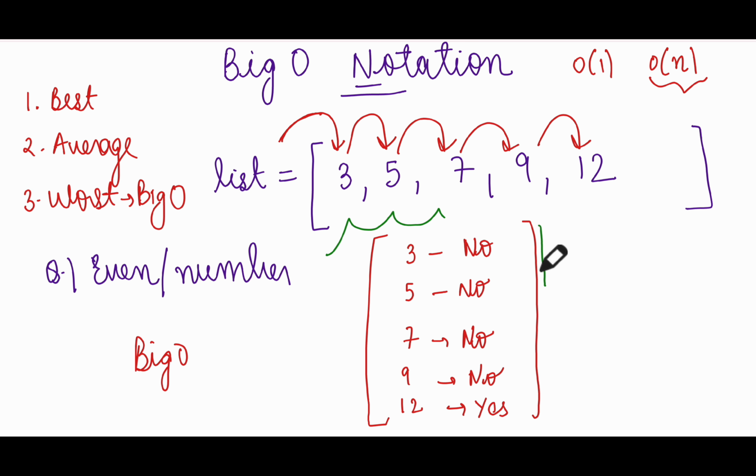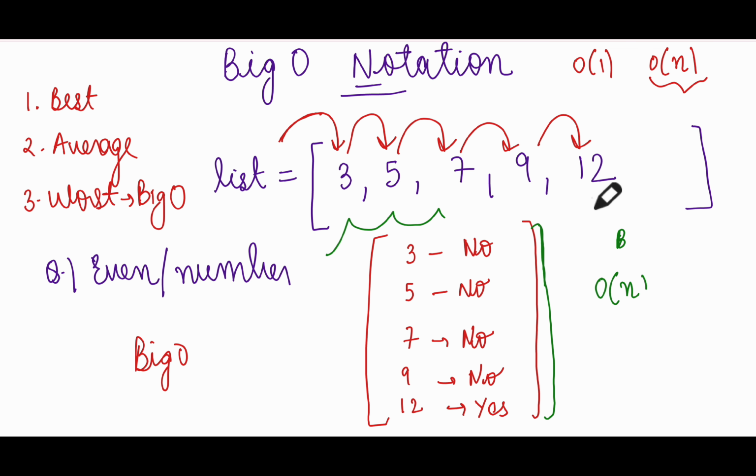Because if you have not completed the list, if you have not evaluated all the numbers, you cannot for sure say that the list contains an even number or not. And this is what depicts big O, or time complexity. And this, for example, is generally called O(n).